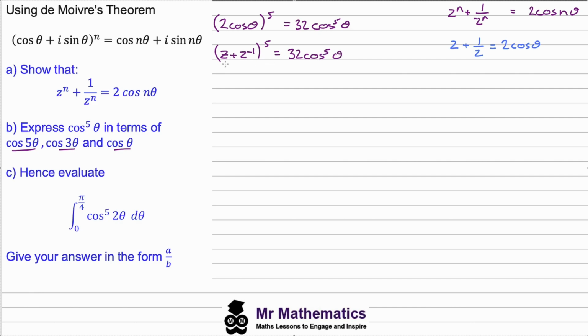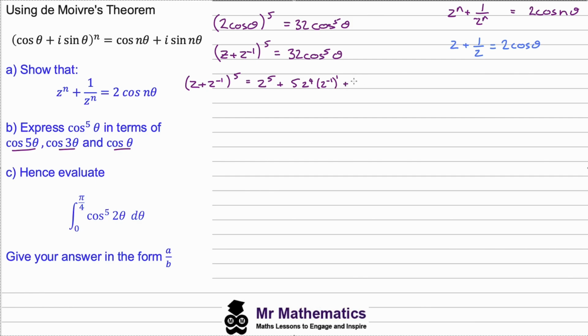So now what we need to do is expand this out using a binomial expansion. We'll make it equal to the right-hand side, then we'll divide both sides by 32. So we'll begin with z plus z to the negative 1 raised to a power of 5. So our first term will be z to the 5. Then we'll have 5 choose 1 of z to the 4 multiplied by z to the negative 1 to the power of 1.